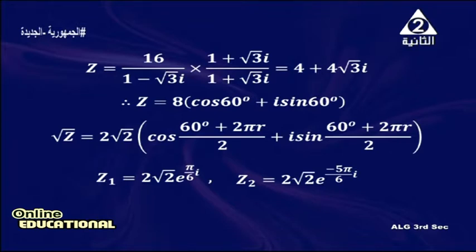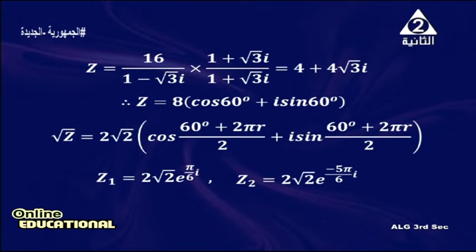After that, we find the square root of complex number z by taking the root of 8, which equals 2 root 2. And we put cosine of 60 plus 2 pi r over 2 and sine of 60 plus 2 pi r over 2.